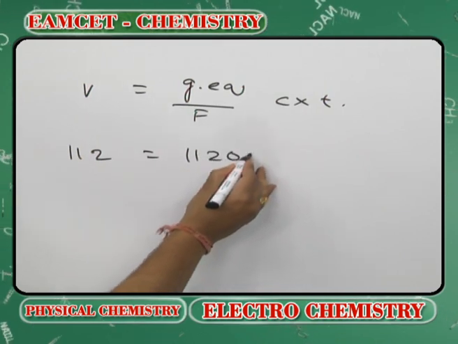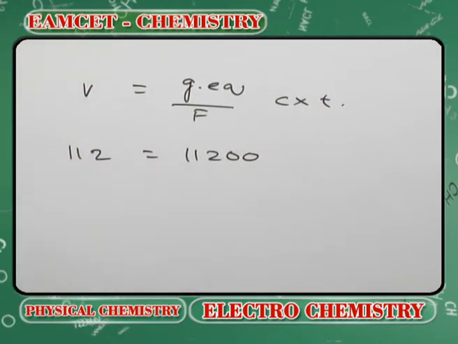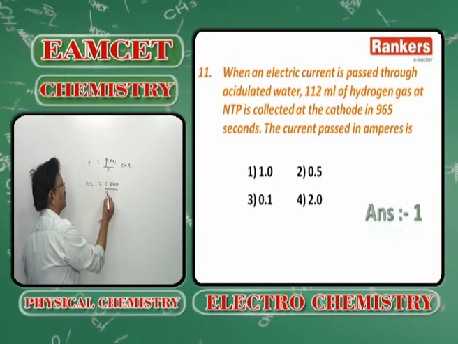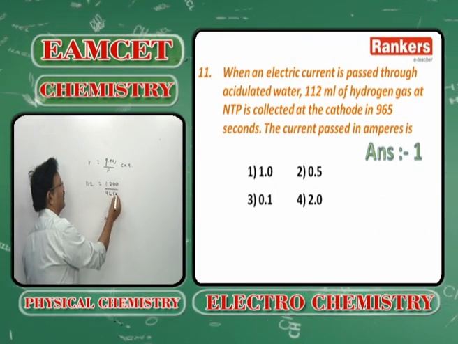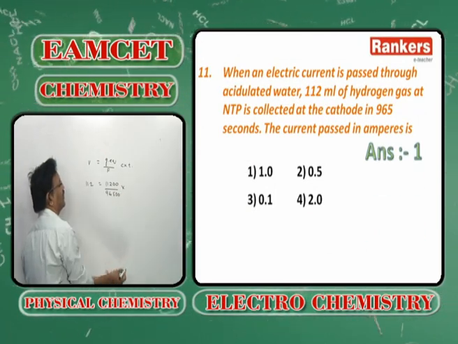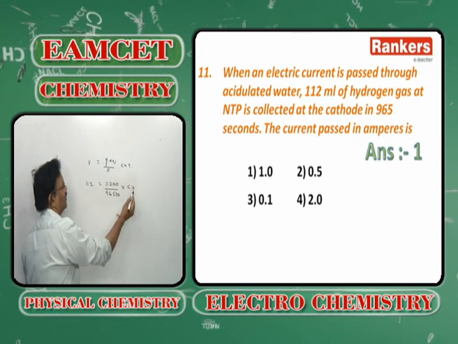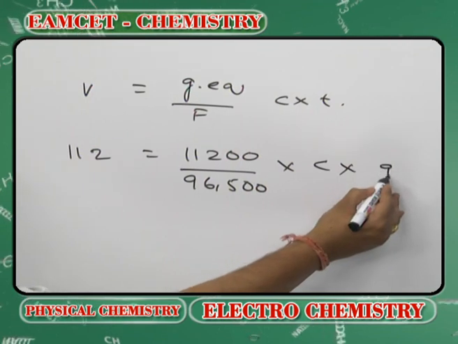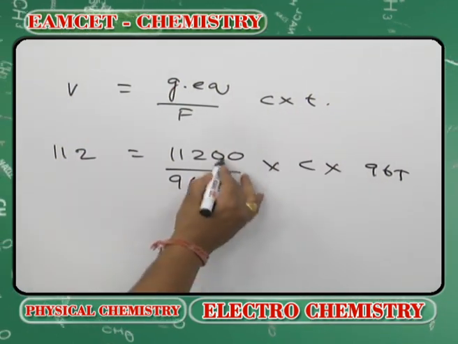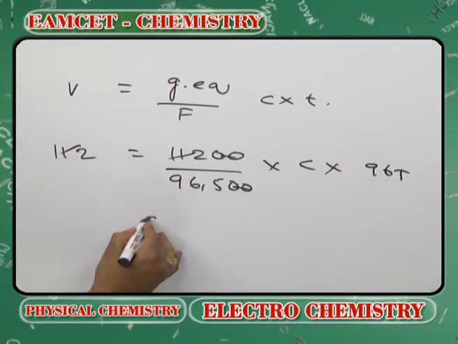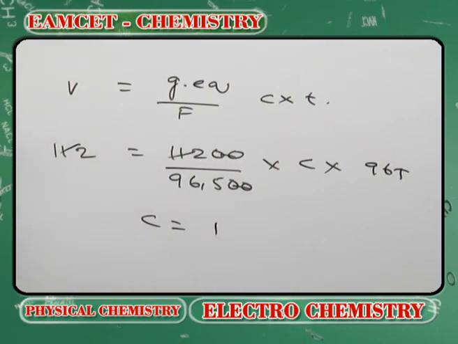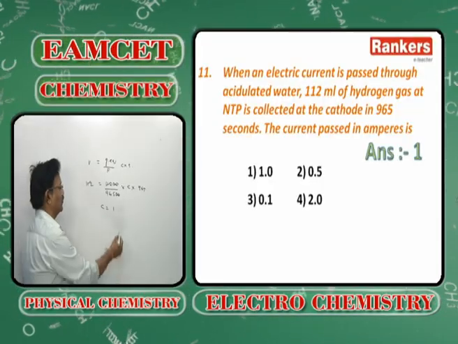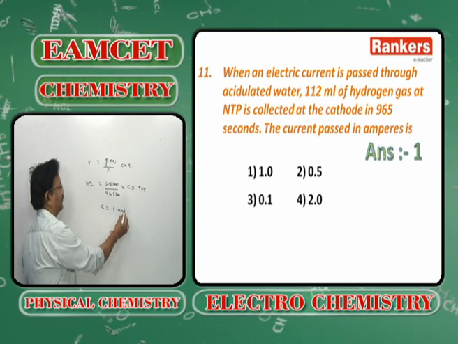So 112 equals 11,200 by 96,500, into C, into the time, 965. We have to calculate C. So C is equal to 1 ampere.